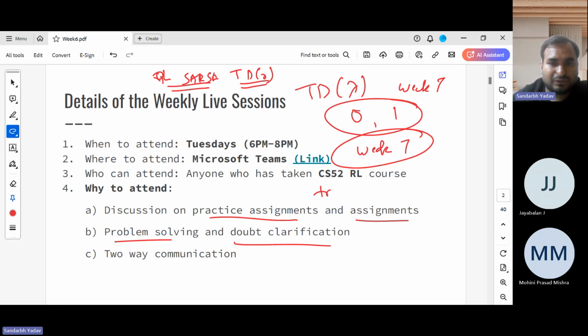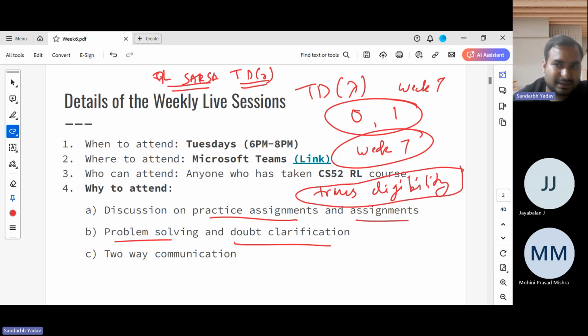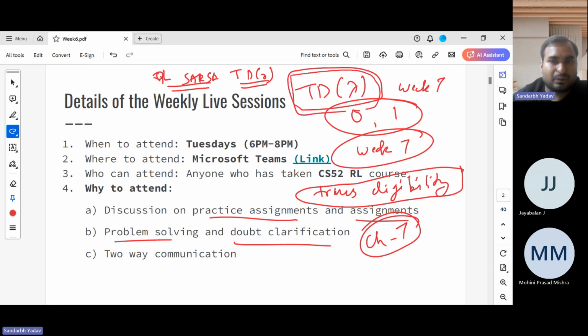There is the concept of traces, eligibility traces, and there is some rigorous mathematics involved in the TD lambda algorithm. So I would suggest that after watching the lectures, you try to read the book also, which will be chapter 7. It will actually help you, because TD lambda is not a straightforward topic. You might need to go through it once or twice to actually understand it. So I think that is it from my side.